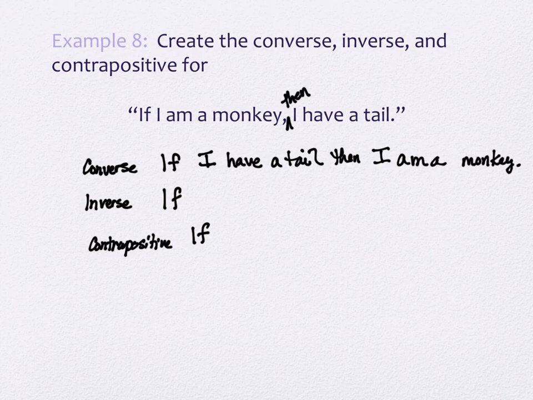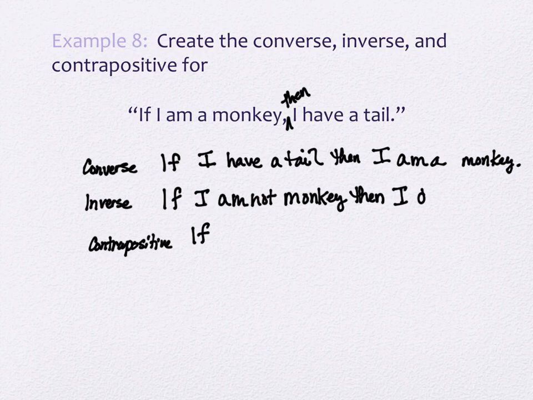What would I do for the inverse? If I am not a monkey, so the order stays the same from the original statement, but we negate it, and we would say, then I do not have a tail.